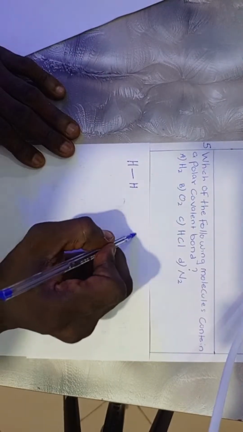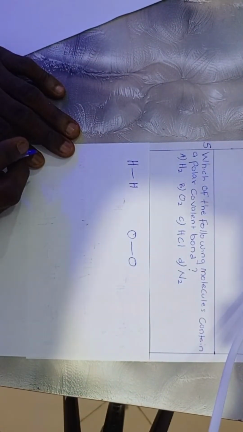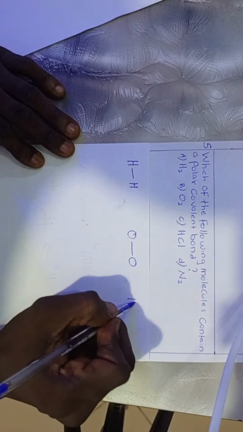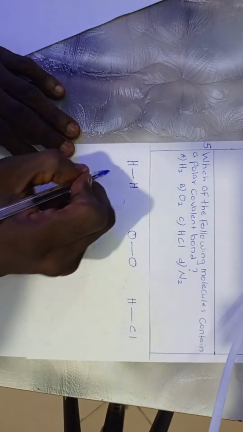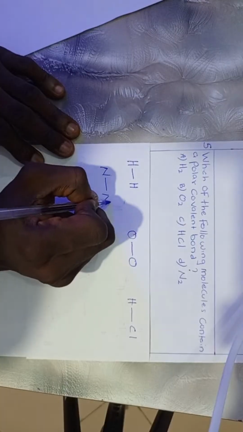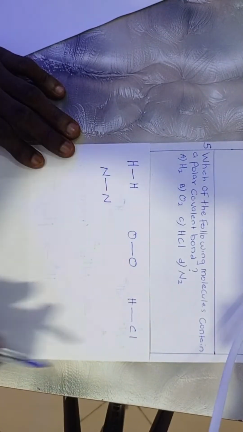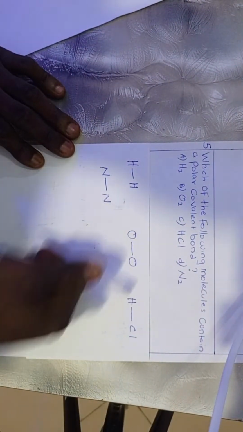Now for O2, it looks like this, O2. What about HCl? We have HCl. What about N2? N2 looks just like this, N2. Okay, so these are basically the bonds present in these molecules. Now let's consider a polar covalent bond. Which of these molecules here will have a polar covalent bond?